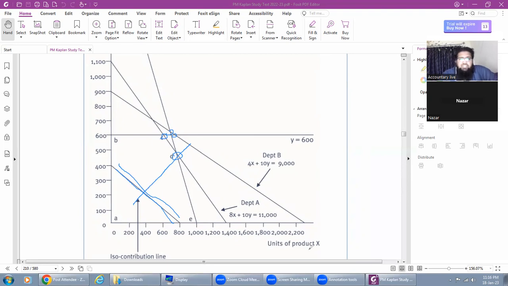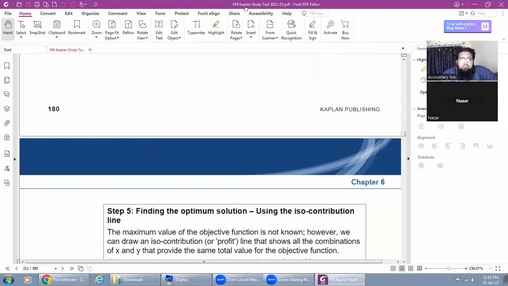Which is the furthest intersecting point? We'll select that. That will be our point on which the contribution will be maximized, the furthest point when moving forward from the iso-contribution line.